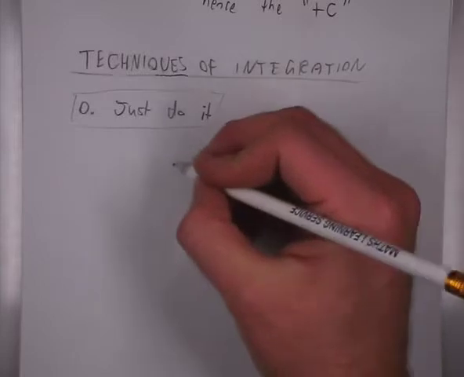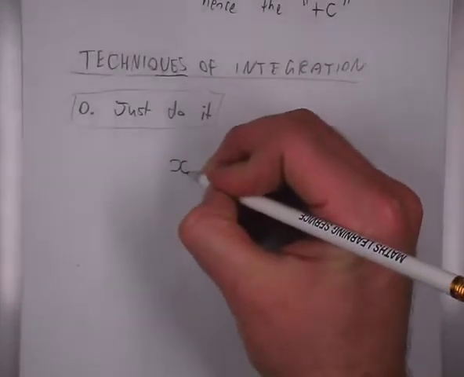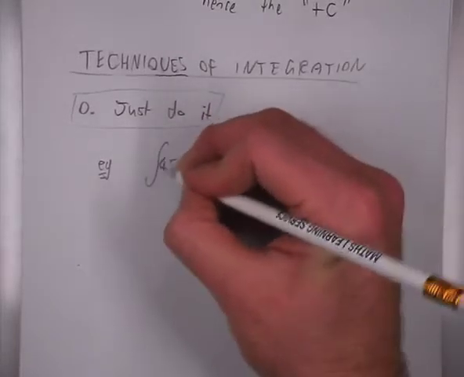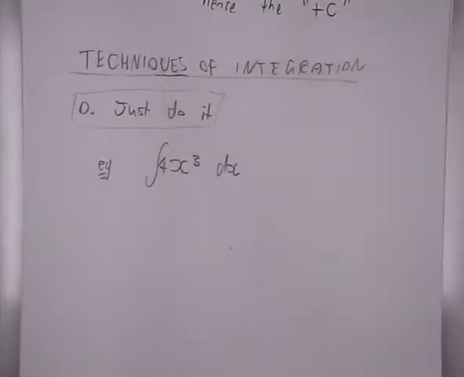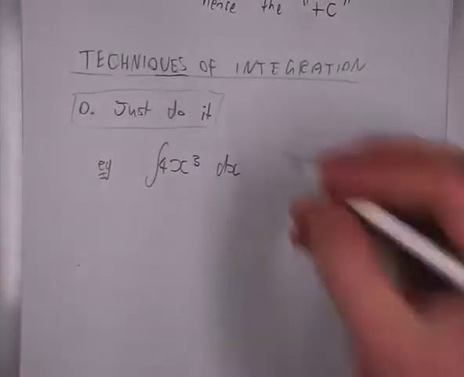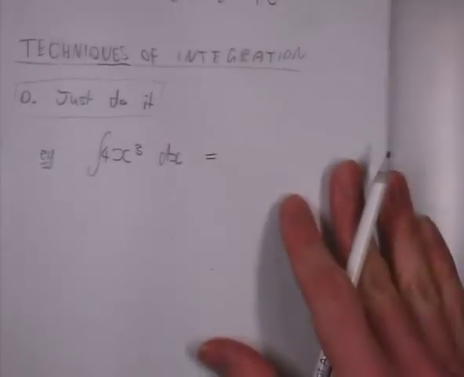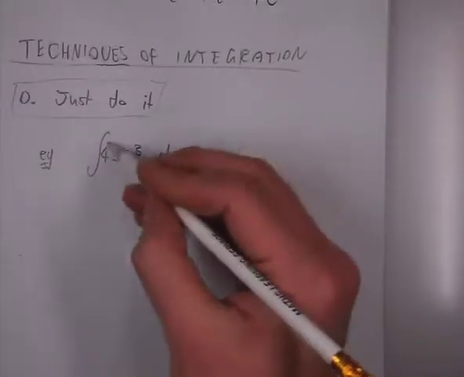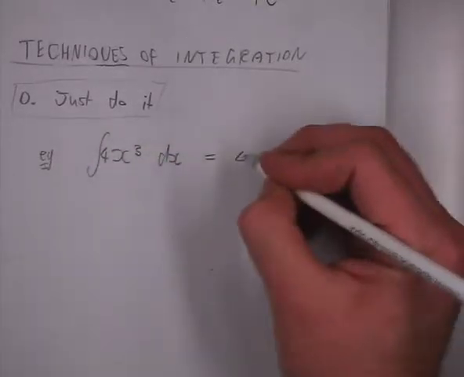So the rule is that if you see any power at all, as an example, integral of 4x cubed dx. The rules of integration say that if there's a number multiplied on, it will still be there afterwards.